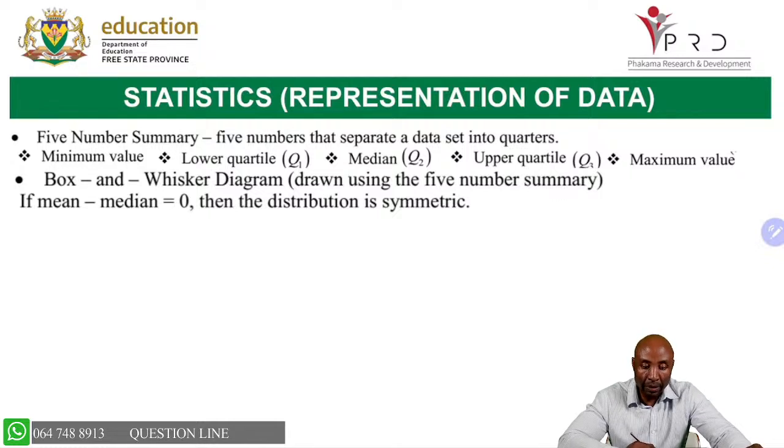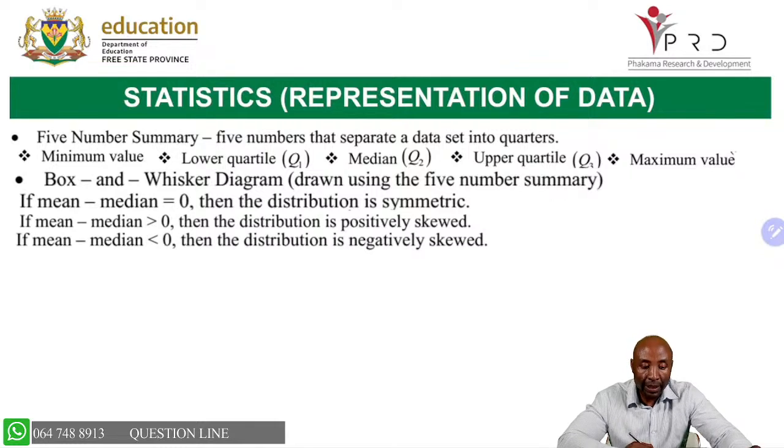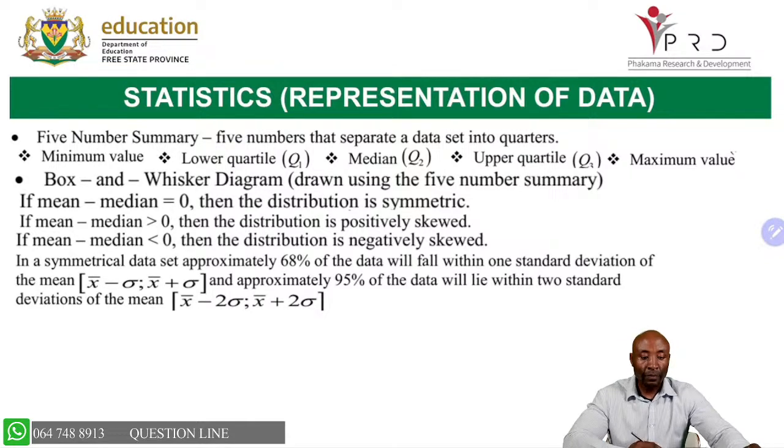If the mean is equal to the median, our data will be distributed symmetrically. If our mean is greater than the median, we say our data is positively skewed or skewed to the right. If the mean is less than the median, then the distribution is skewed to the left or negatively skewed.